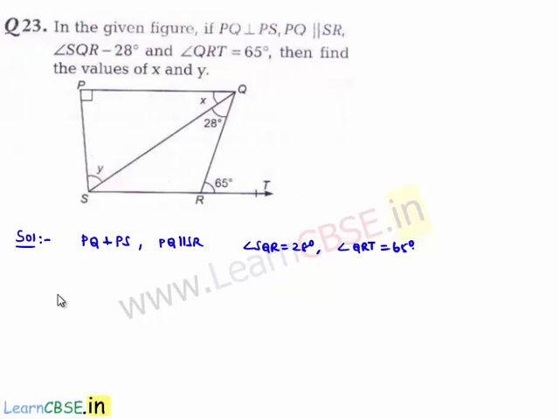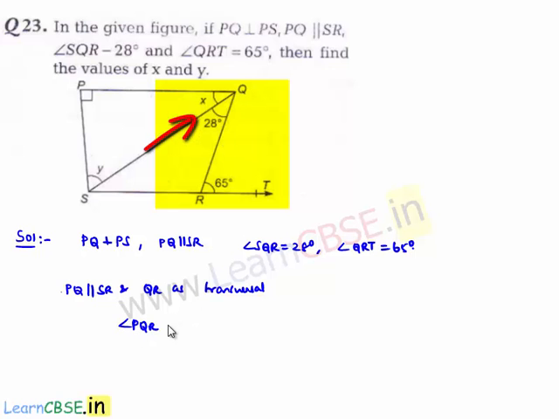Now let us initially consider that PQ is parallel to SR and QR as transversal. Then we can say that angle PQR is equal to angle QRT, since these are nothing but the alternate interior angles.